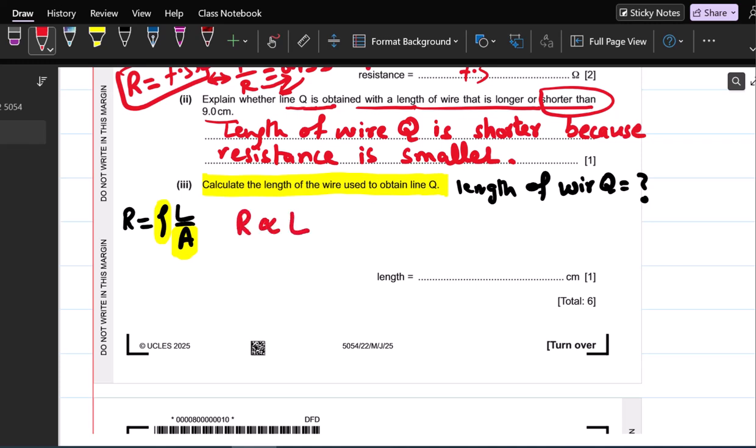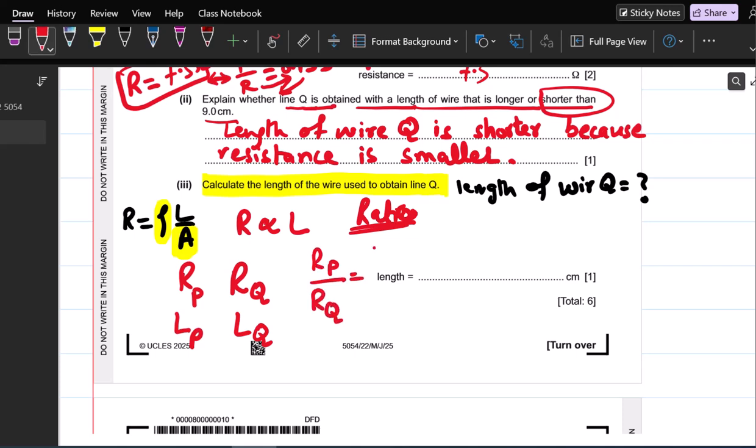So we know the resistance and length of wire P, we know the resistance of wire Q, and we have to find the length of Q. So we can use the ratio method as well. RP divided by RQ is equal to LP divided by LQ.